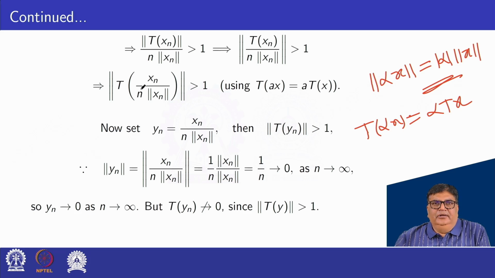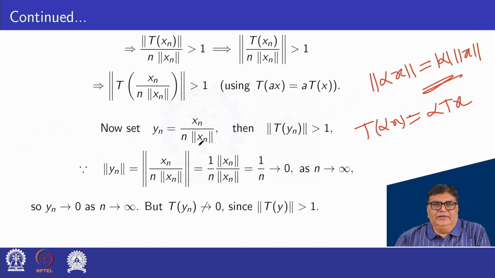Now set yn equal to xn upon n norm xn. Then this can be written as norm Tyn greater than 1. Then norm yn equals norm of xn upon n norm xn, that is, 1 upon n times norm xn upon norm xn.